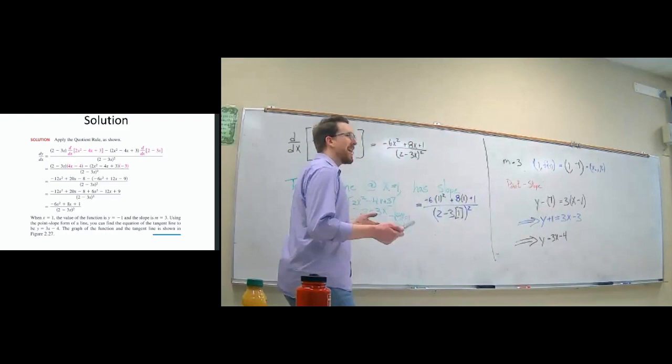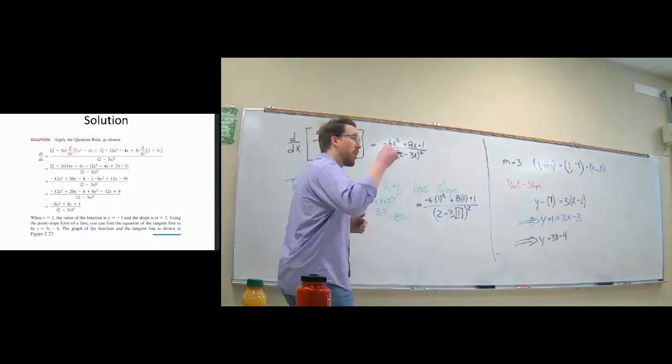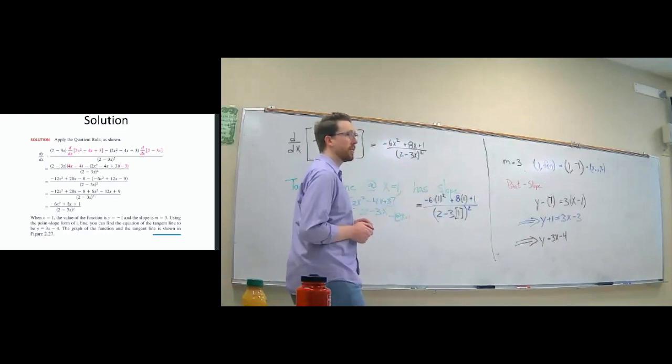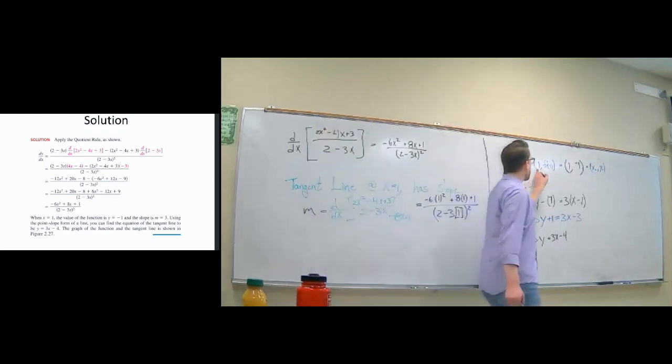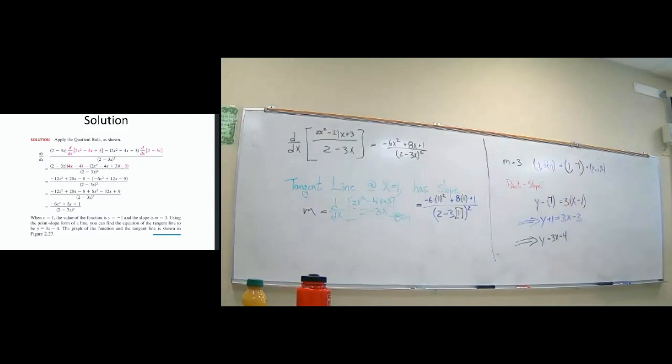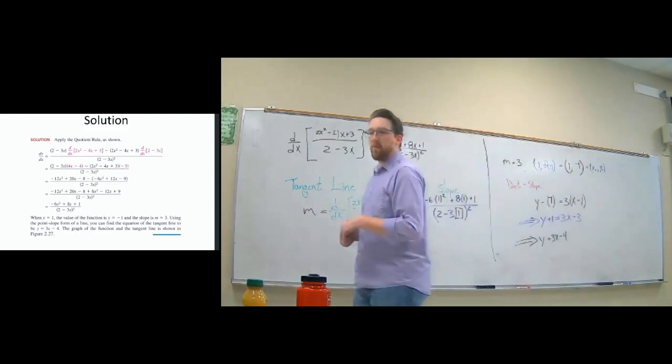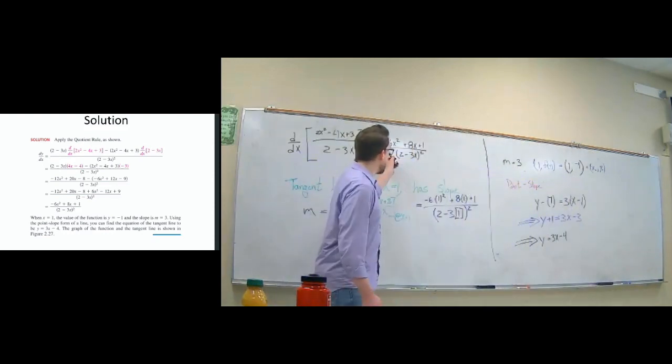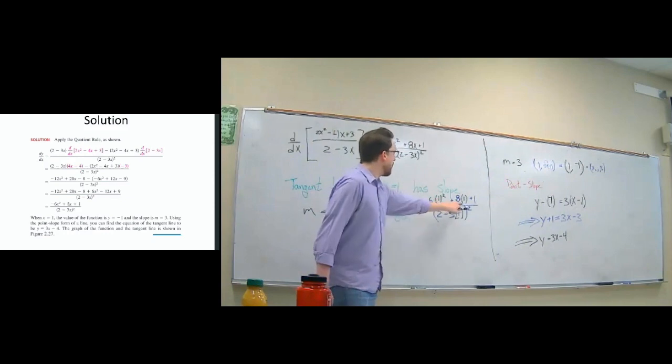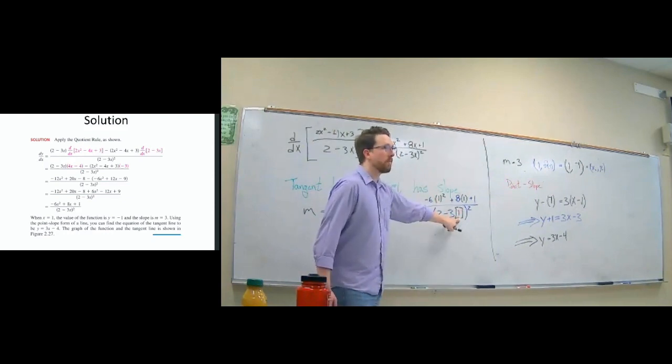So 1, negative 1 has to be on your tangent line, because your tangent line touches your function at exactly that spot. If it was at x equal to 2, it'd be whatever the original function evaluates out to be at 2. And then we would also have to go back to this and say, instead of 1, plug in 2. Make sense?